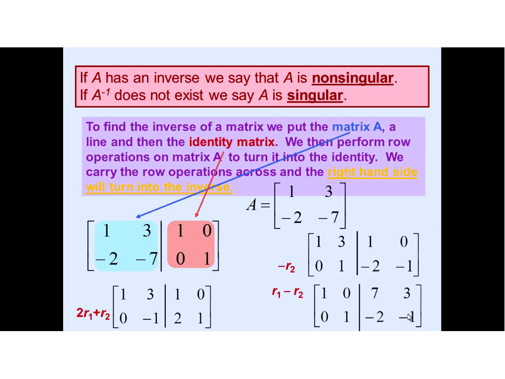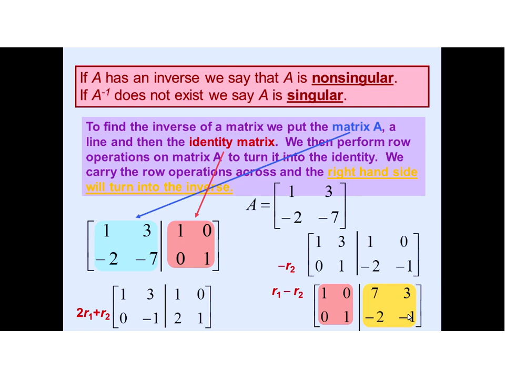So with the help of this, I get the identity matrix on the left hand side, and whatever I get on the right hand side is the inverse of the matrix. So I get 7, 3, minus 2, minus 1 as the inverse of the matrix 1, 3, minus 2, minus 7. So this is the procedure.